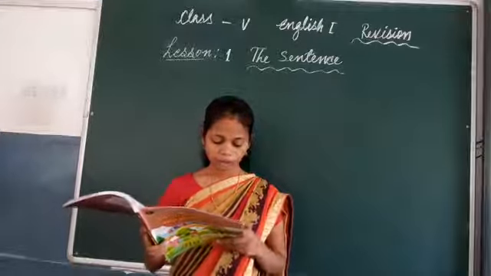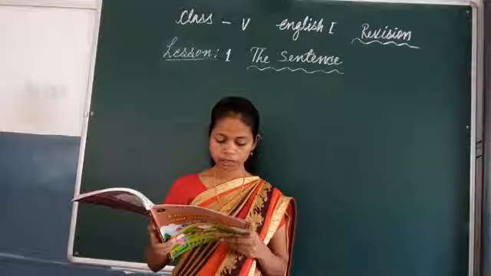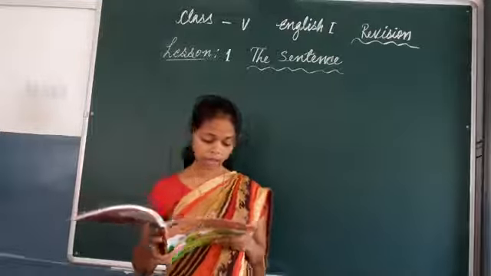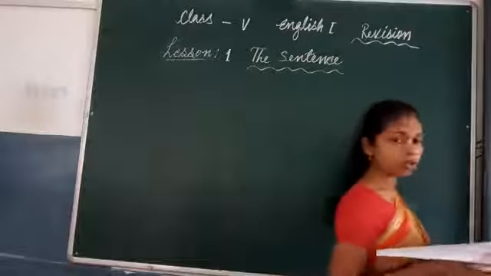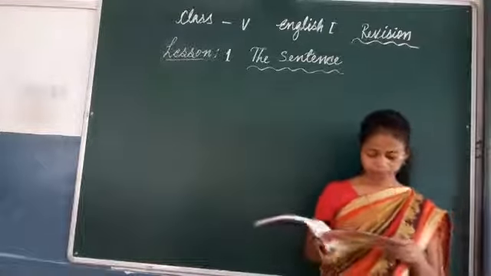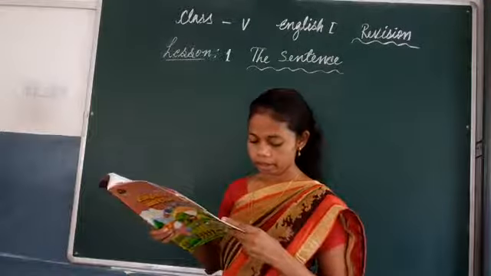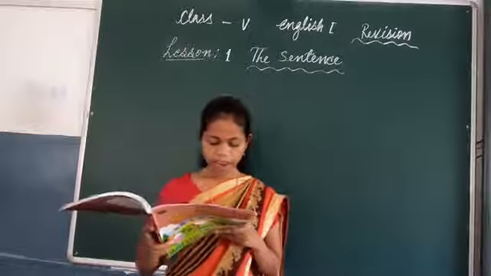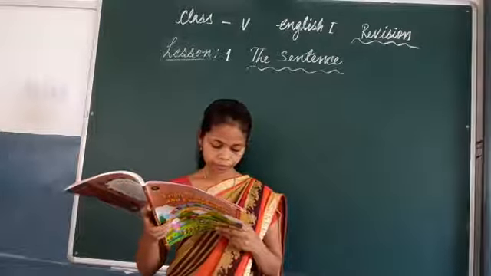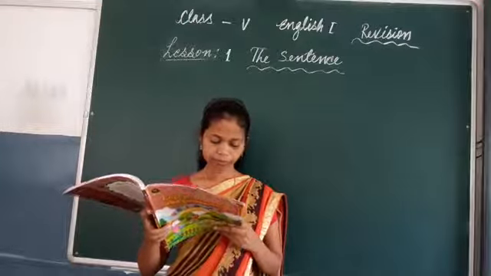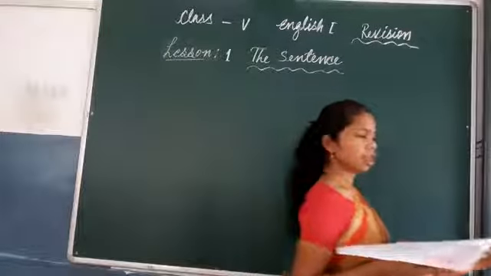Second number. Our house is round the corner. Our house, subject. Then is round the corner, predicate. Number 3, ants spoiled the picnic. Okay.